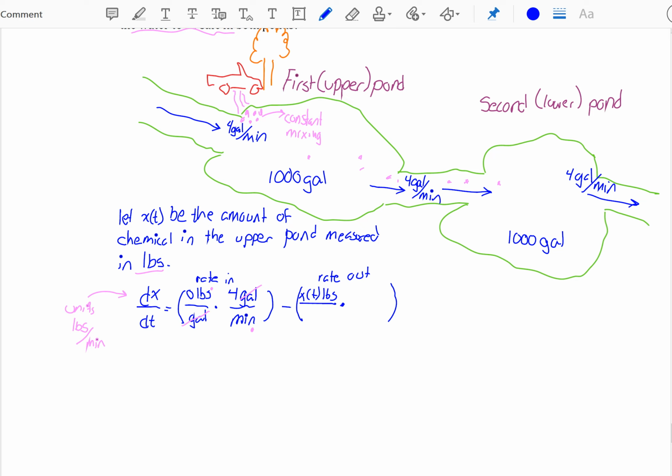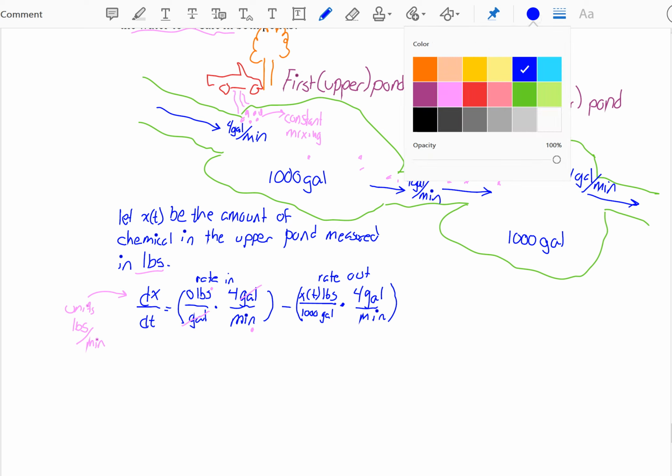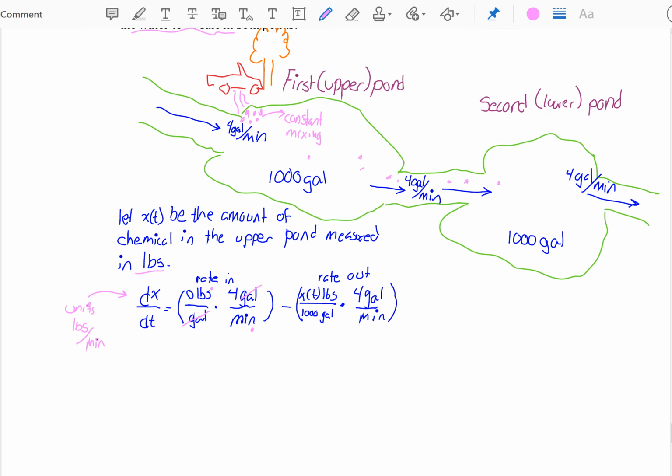And since the volume of the pond is staying constant, I can divide it by the 1,000 gallons. And it's flowing out of the first pond at a rate of 4 gallons per minute. So again, keeping track of units, we see that the units of gallons and gallons cancel. And so we are going to end up in units of pounds per minute like we expected.